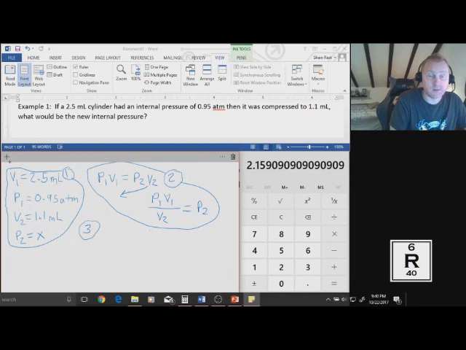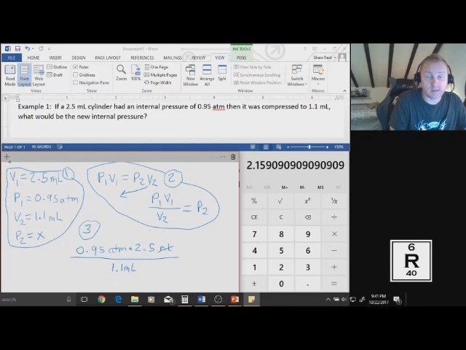P1 is 0.95 atmospheres, multiplied by V1, the first volume, which is 2.5 milliliters, divided by the second volume, 1.1 milliliters.